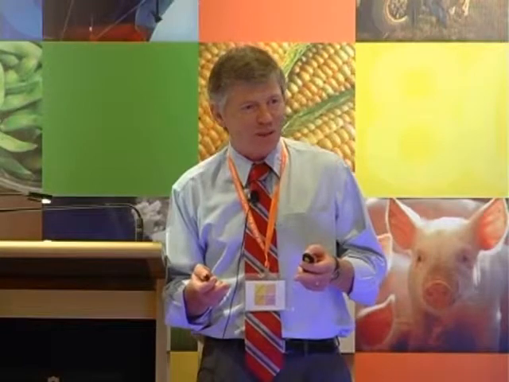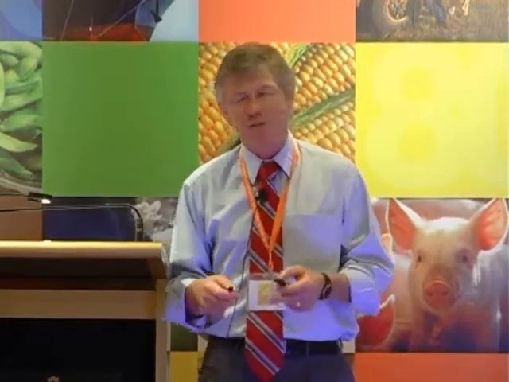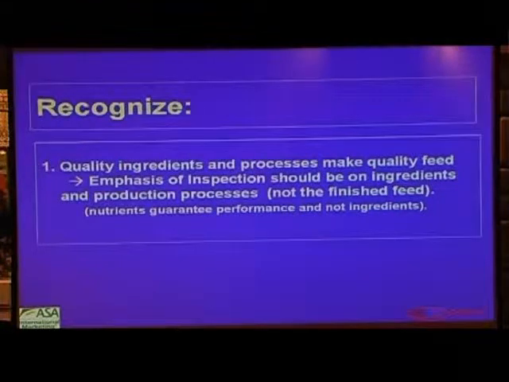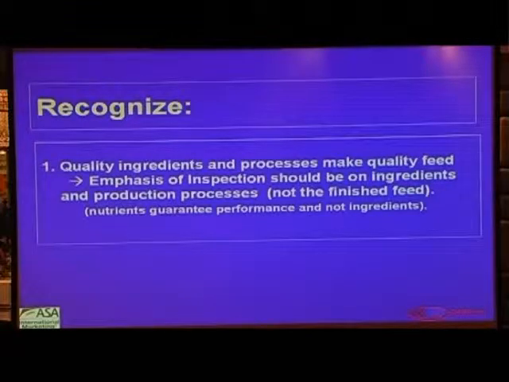And that's contrary to what most people expect or what the feed industry in essence does. As you increase feed raw material prices, they tend to look for cheaper ones and therefore quite often for lower quality ones. We have to recognize, of course, that quality ingredients and processes make quality feed.